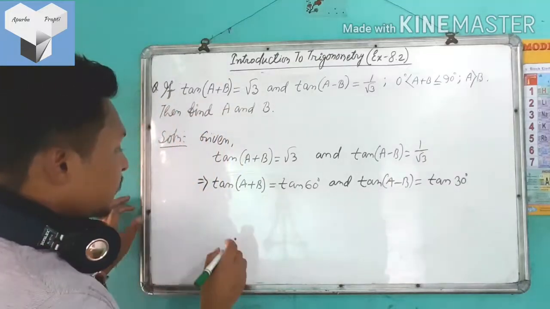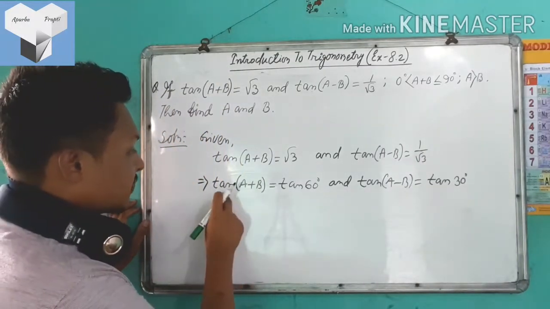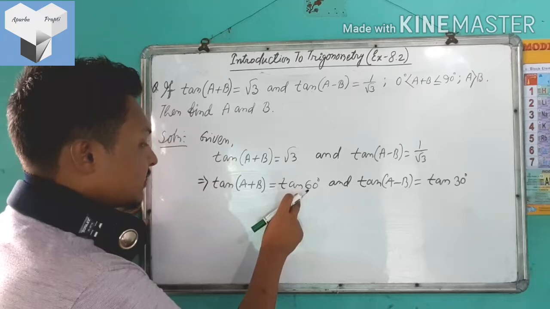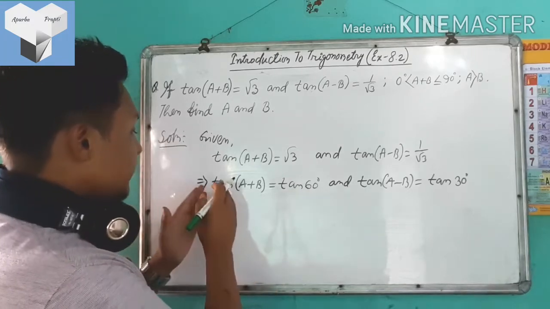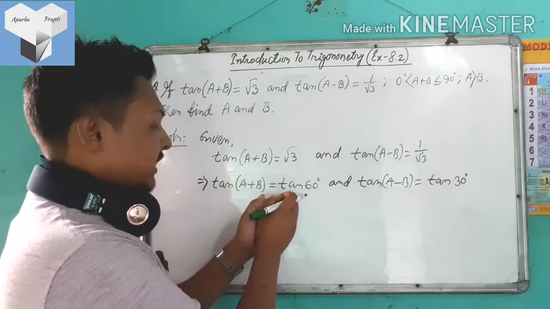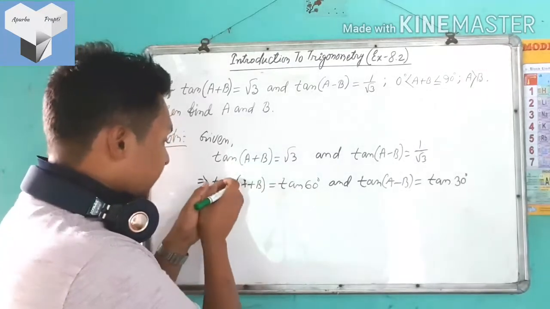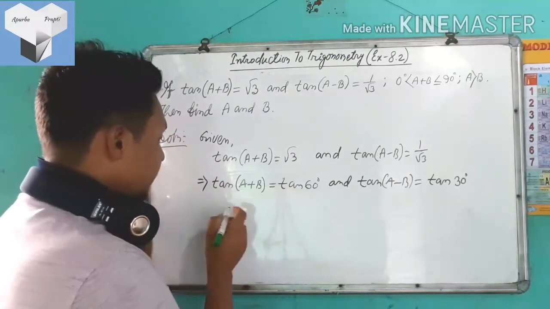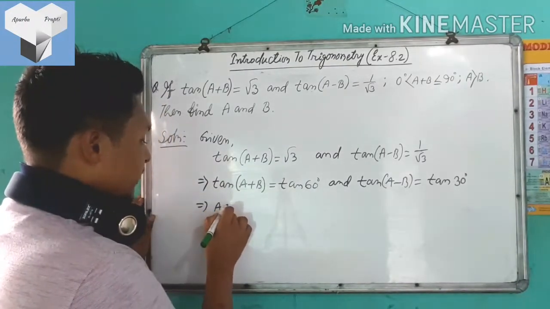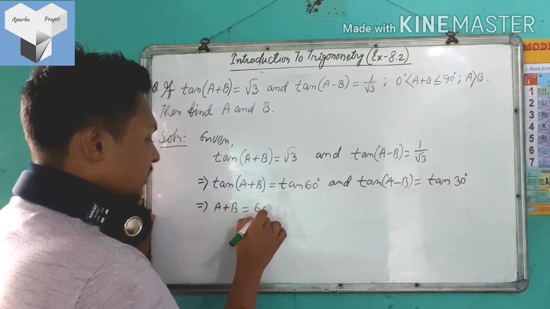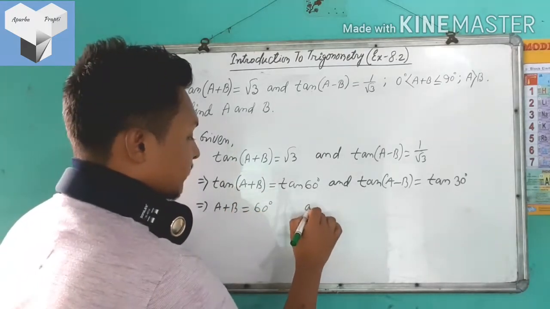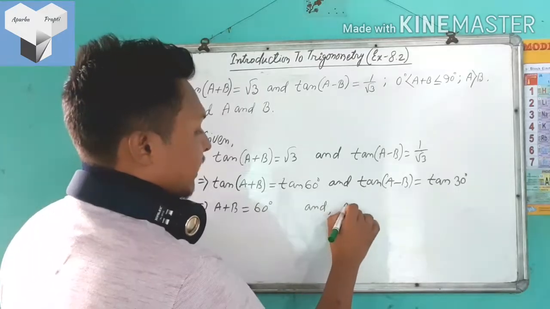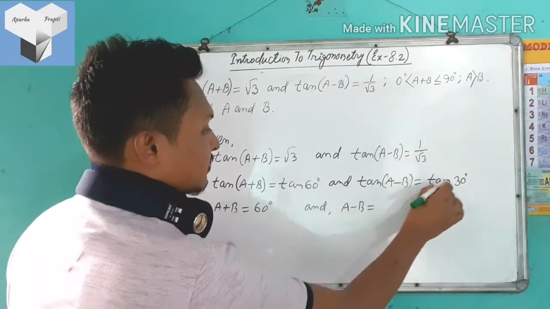Okay. So we have found the tan ratio on both sides. Yes. So when tan(a+b) is equal to tan 60 degree, we can think of cancelling this tan from both sides, for which a plus b is 60 degree and a minus b is 30 degree.